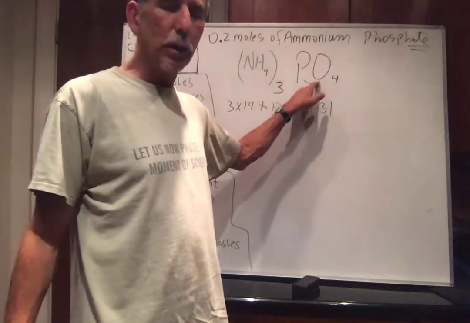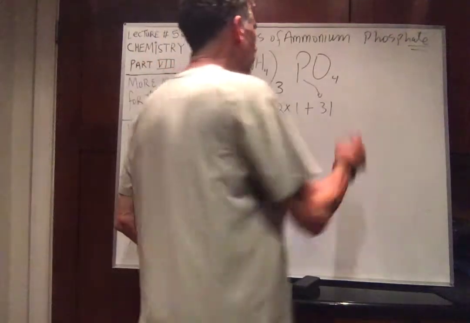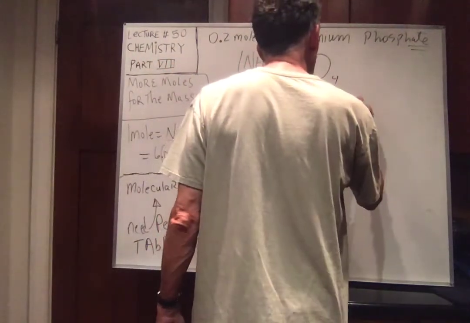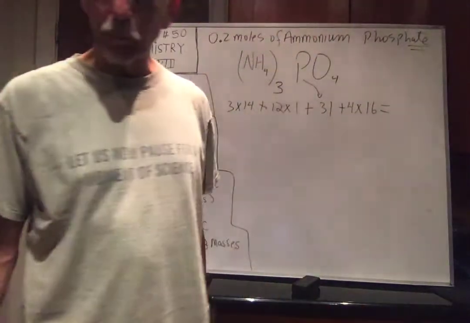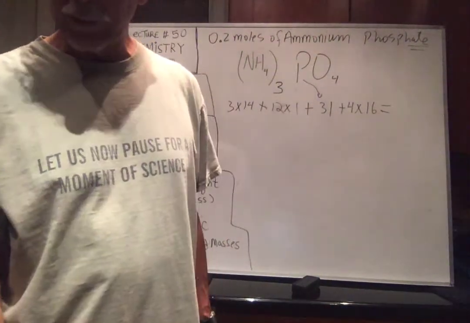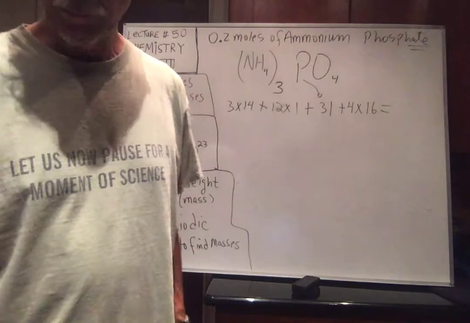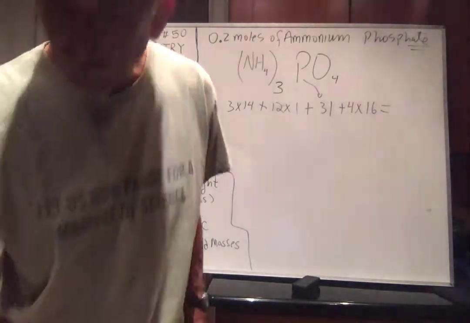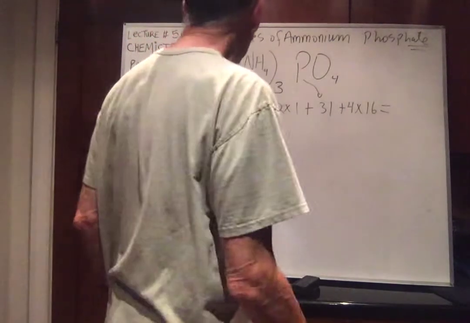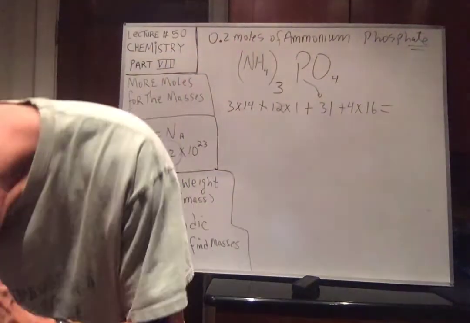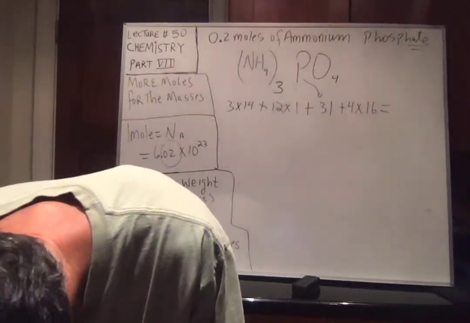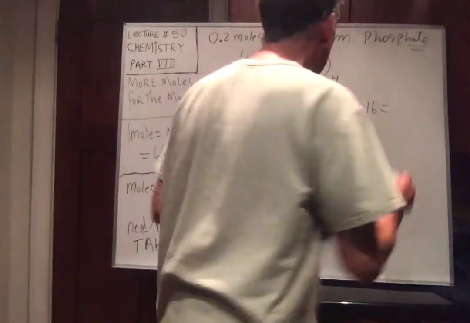And you remember oxygen is 16. So we need 4 oxygens. So we have to add all these numbers together. And what do we get? Okay, what is that, 149? Is that right? I can't read my writing. Okay, so I'm going to write 149.